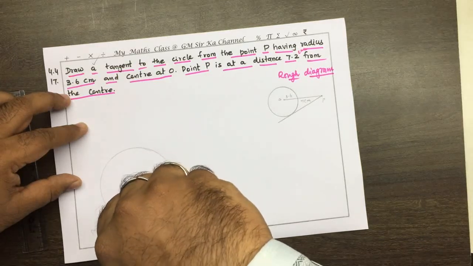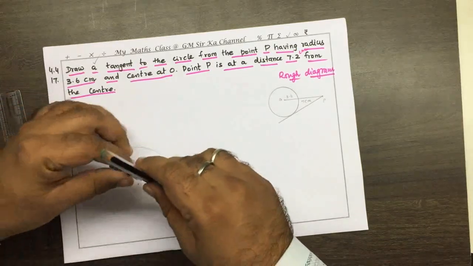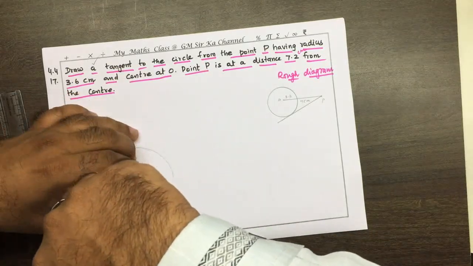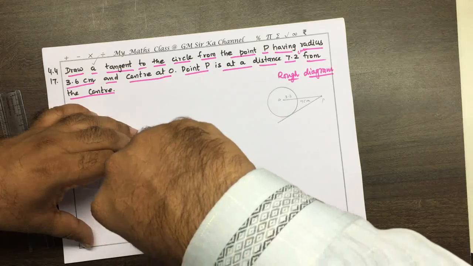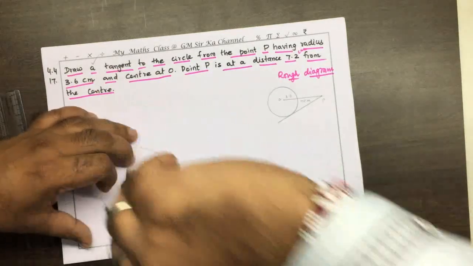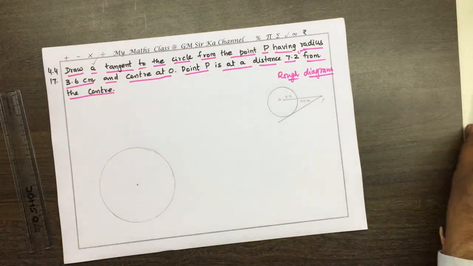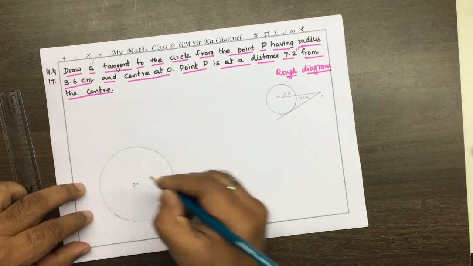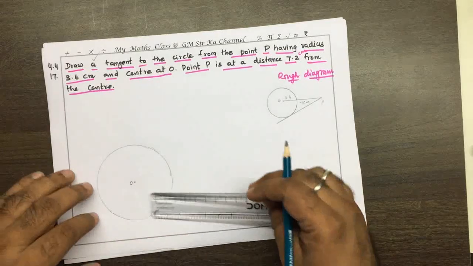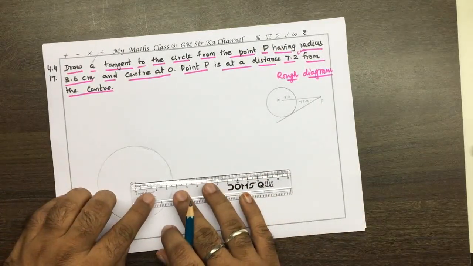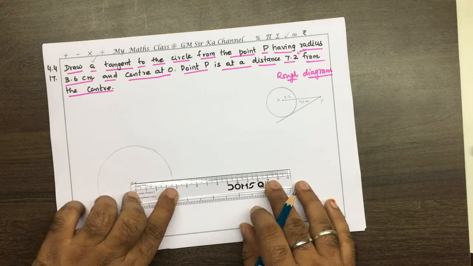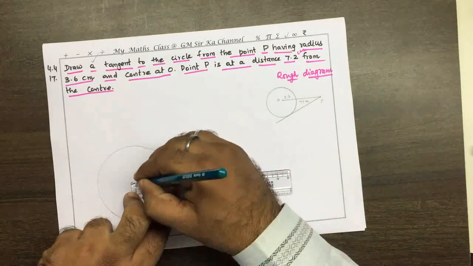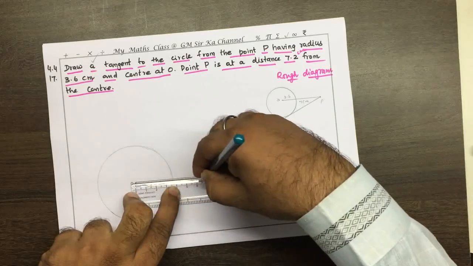Very carefully we have to draw the circle. And from the center O, we have to take the point P 7 centimeter away, and join both the dots.